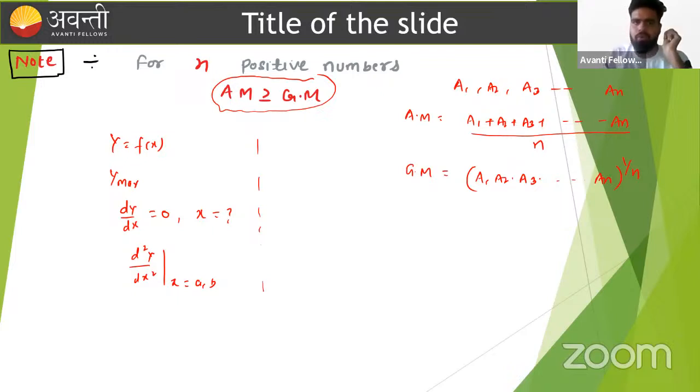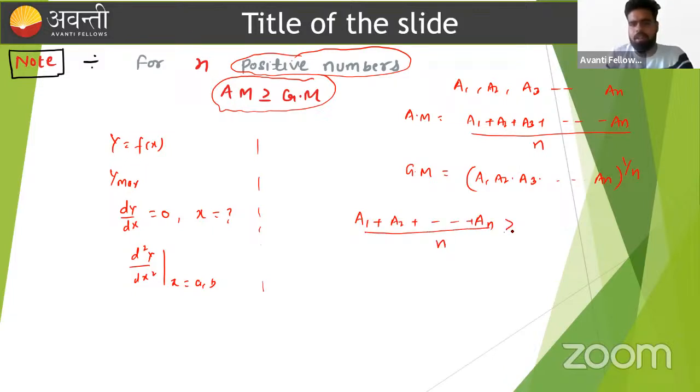According to the theorem, for n positive numbers, the important point to keep in mind is that whatever numbers we choose must be positive. Their arithmetic mean must be greater than or equal to their geometric mean.